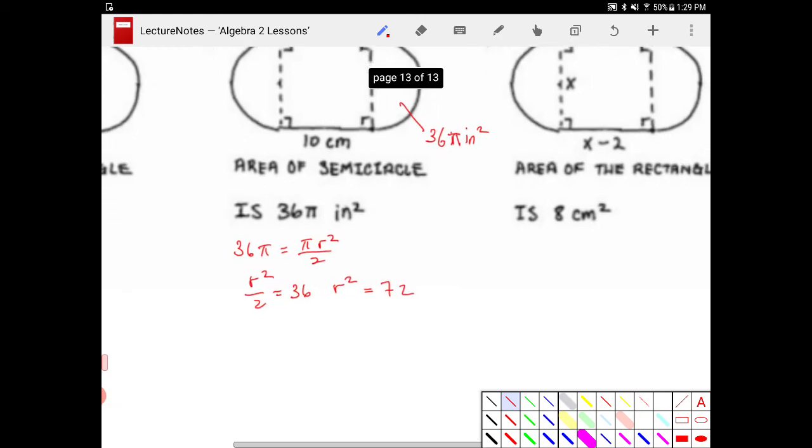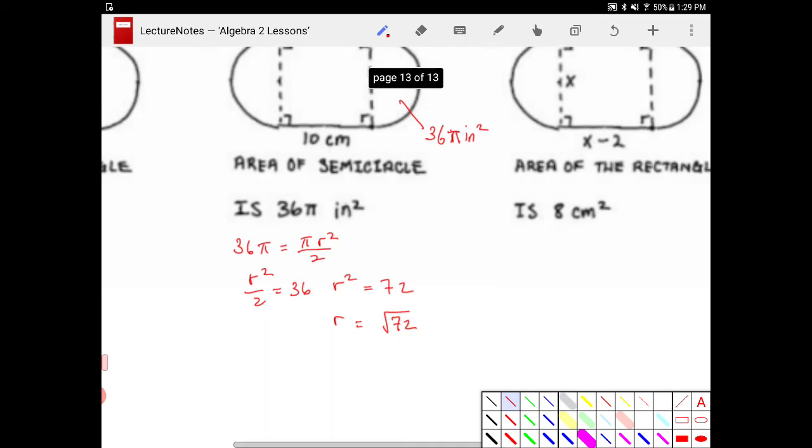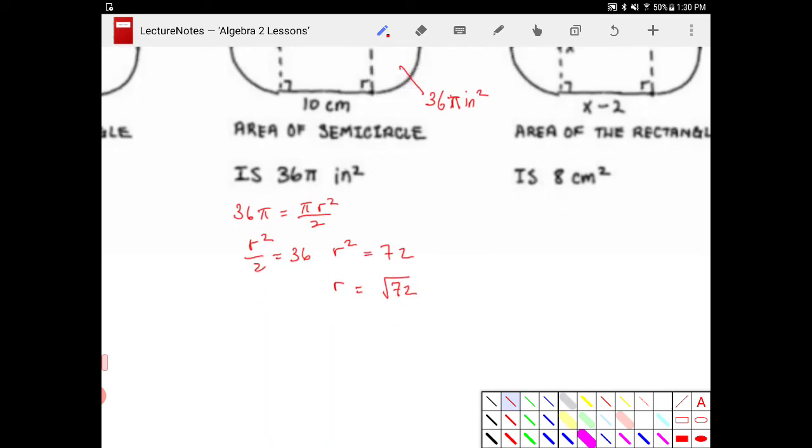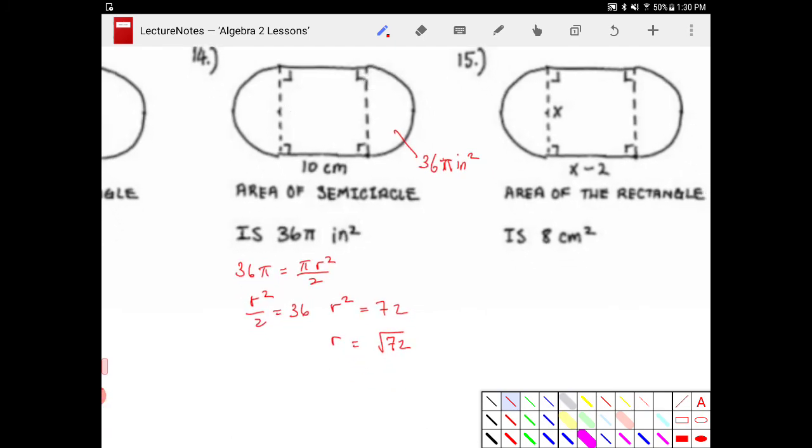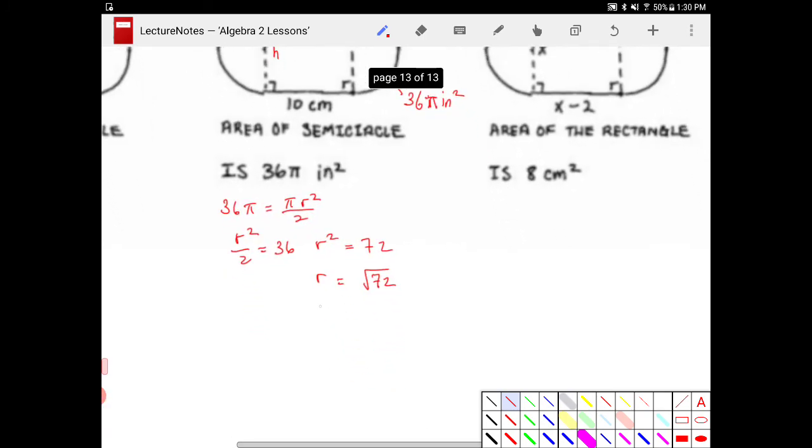And if r squared is equal to 72, r is equal to radical 72. And that means the height of the rectangle, let's call this h, is equal to 2 radical 72. And I can reduce radical 72 to become 6 radical 2, so h is 12 radical 2.